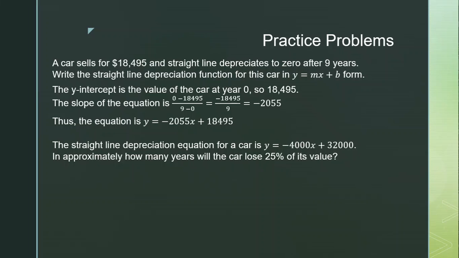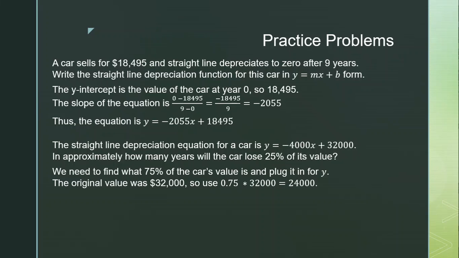Okay, here's how we can figure this out. So we need to figure out what 75% of the car's value is. Because if we've lost 25%, that means that we still have 75% left. So we need to find that, and we need to plug that in for y. The original value was $32,000.